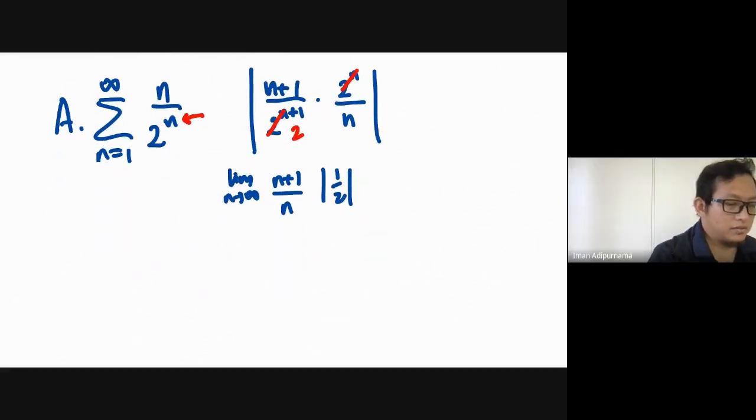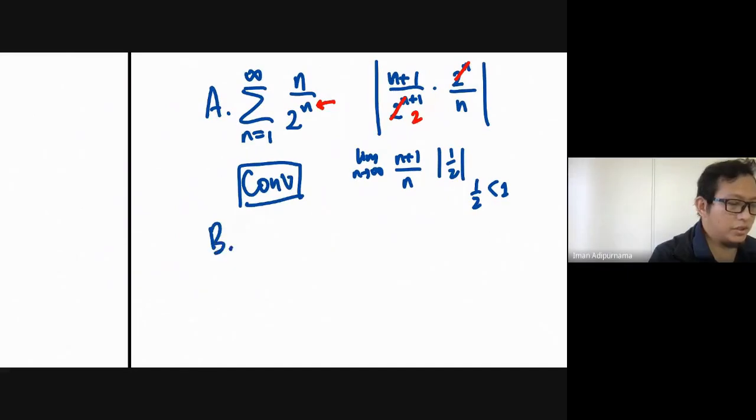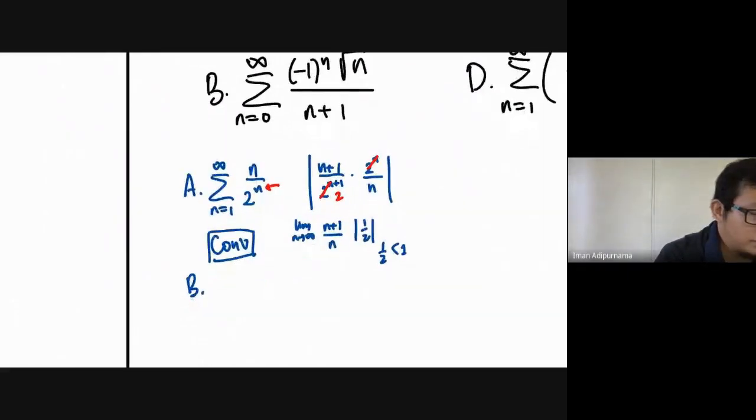And this is true that half is less than 1, so it converges. So this is not our answer. We need to find the divergent one.